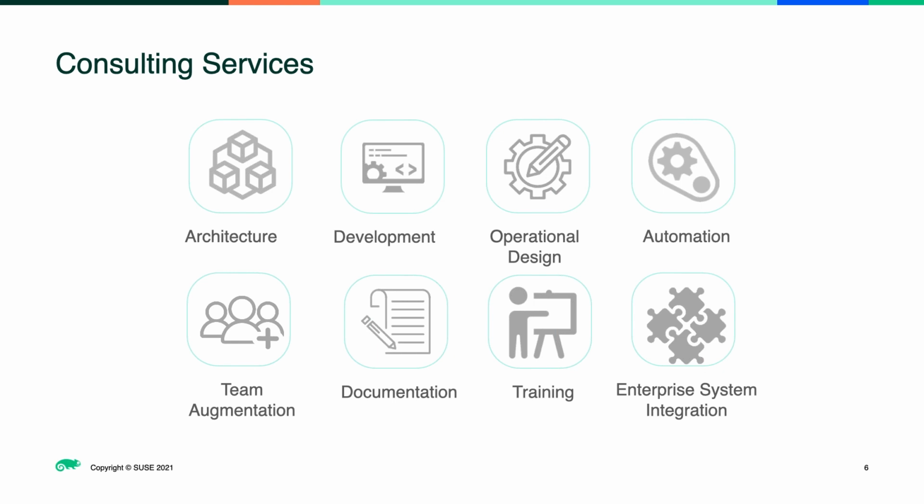We can help our customers come up with the operational design around how these technologies have to be looked after, and obviously automation. It's a big part of everything we do. We can also augment their teams: we often come into our clients and augment their teams with some of our experts to help them adopt these technologies quickly. And we can also help with documentation, training, and enterprise system integration.